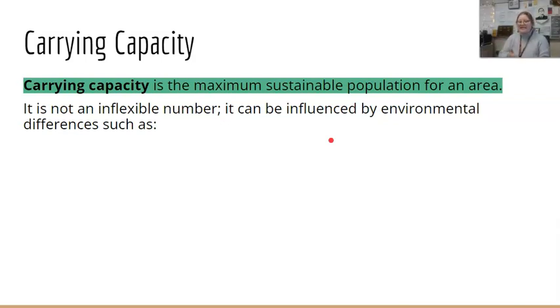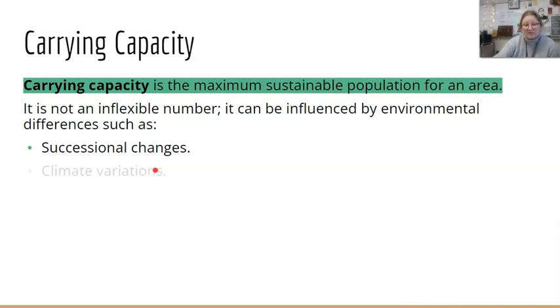It is impacted by external effects as well as things that are happening within the ecosystem. That can change from successional changes as we go through the different stages in succession. It can support different organisms, so that carrying capacity could go up or down for different species.